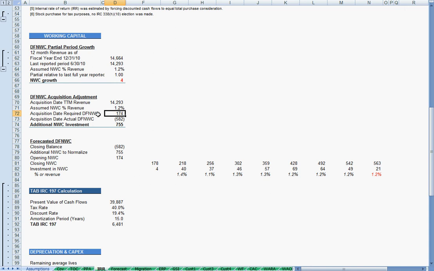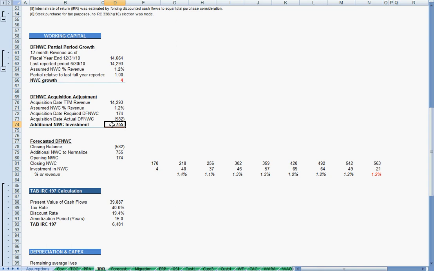When we acquired this company, what we found as we looked at the closing balance sheet is that they actually had negative net working capital of negative 582. In other words, there is a deficit in the net working capital, and the acquirer would have to make an investment of $755,000 into their net working capital to normalize and run the operations of the target appropriately.